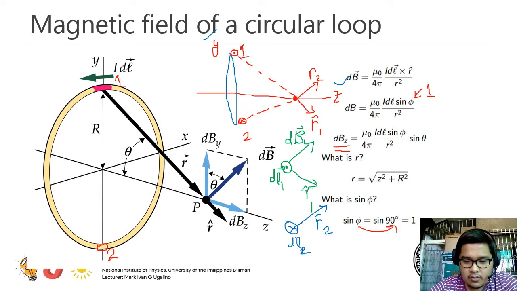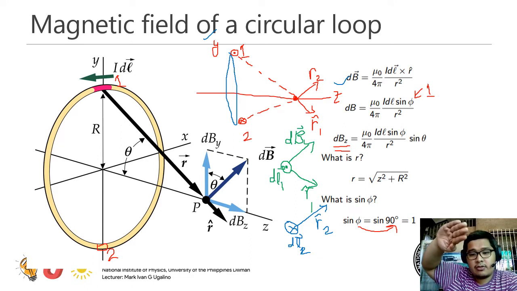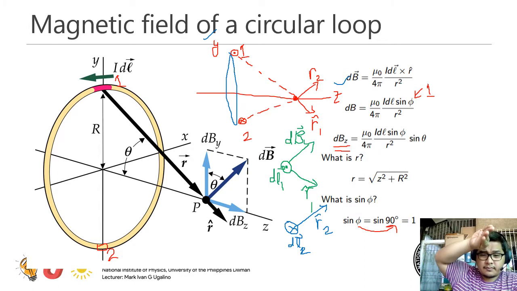Now, if you do your right hand rule for DL2 cross R hat 2, again, I was not able to illustrate it before for DL1 cross R hat 1, but let's do it for DL2 cross R hat 2.